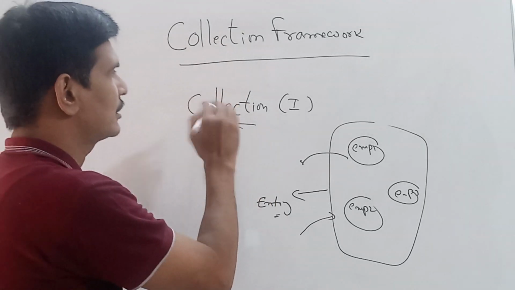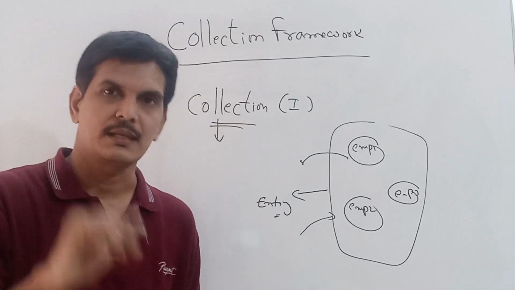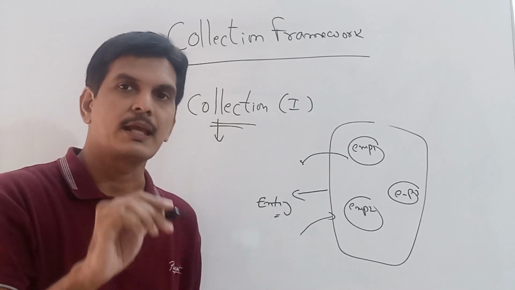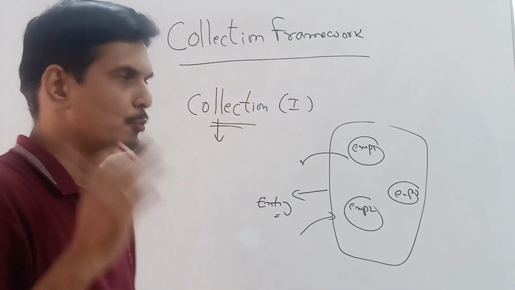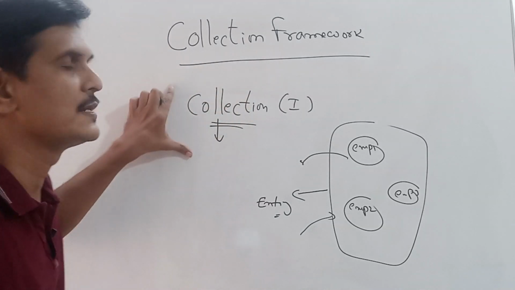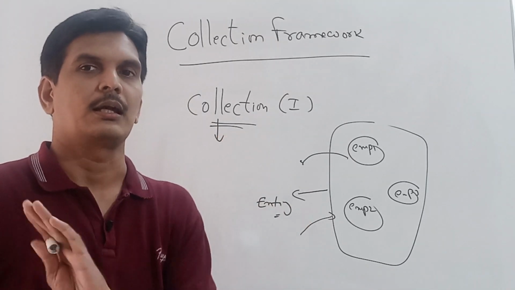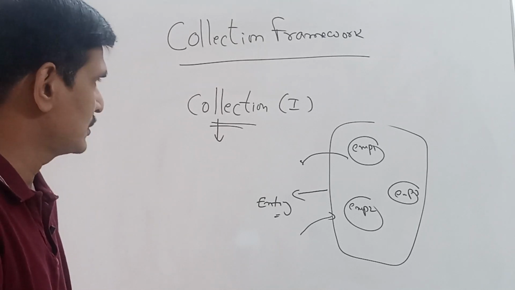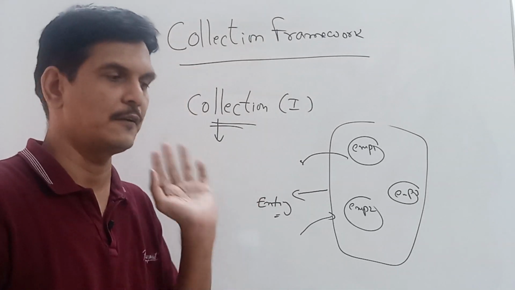So the Collection interface is used to represent a group of objects as a single entity, and it contains common methods required for other collections. Most of the methods defined inside the Collection interface are common across all the collection classes. So this is the first and most important interface we have as part of the collection framework.